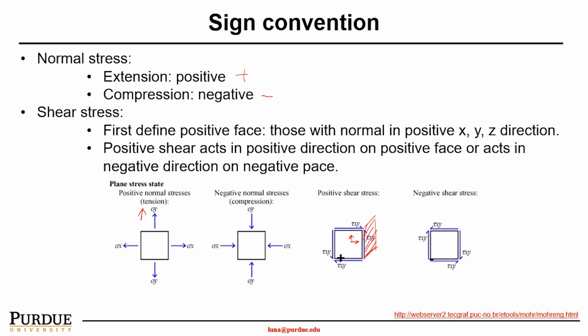Vice versa, the negative shear stress will be on the negative X, going in this direction, and then the Y is going downwards. So the positive shear acts in the positive direction on the positive face, or in the negative direction on the negative face. So we have two things: the direction and the face.